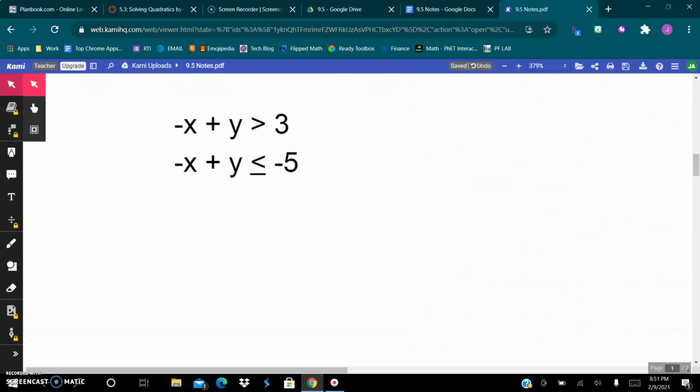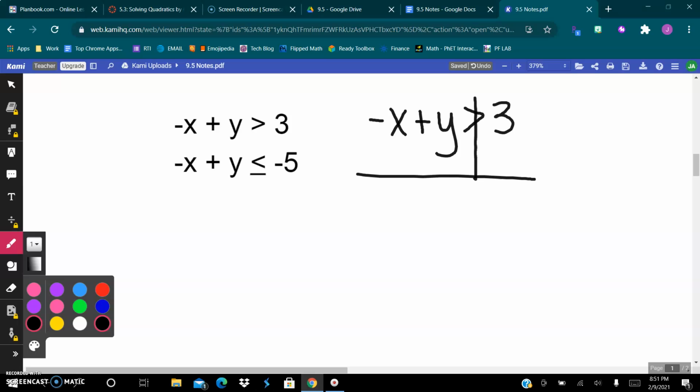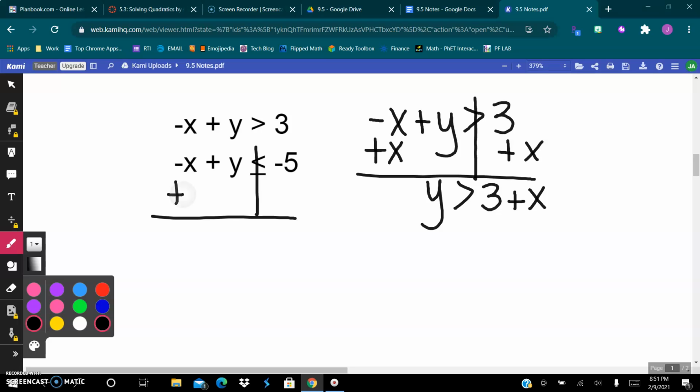Again, I'm going to do this one more time. We're going to take this top equation and solve it for y. I have to add x to both sides, so I have 3 plus x. This one I'm also going to add x to both sides, and I'm going to have negative 5 plus x.